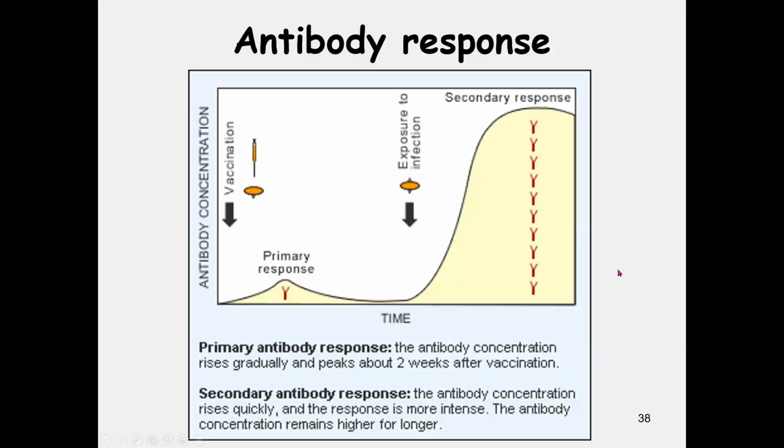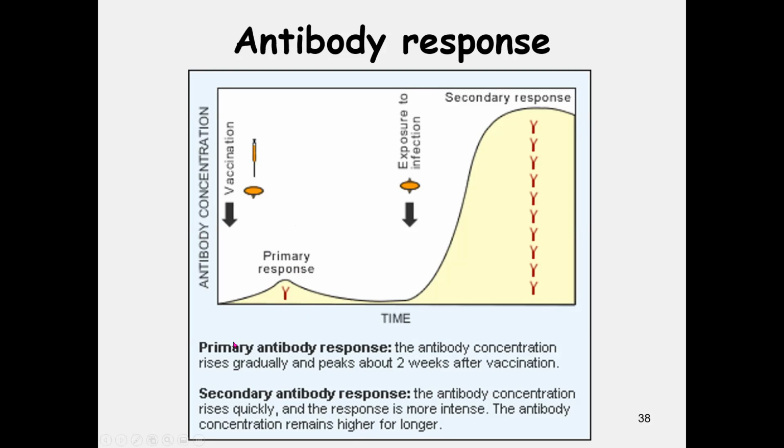Now, this is a very, very important graph. It shows what happens when we get either immunized or get a primary attack. This shows vaccination, it's not the needle here. But if you've been infected, it's the same thing.